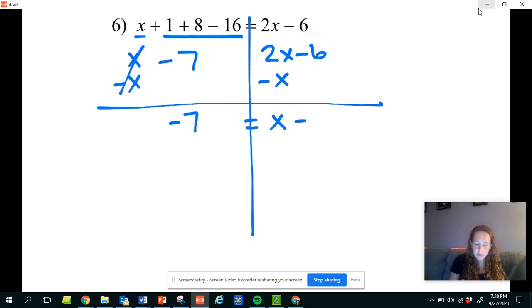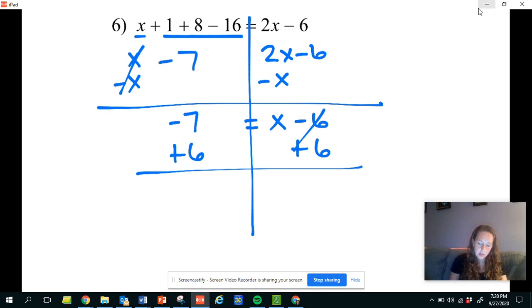And then I'll bring down my minus 6. So to get x by itself now, I have to add 6 to both sides. And negative 7 plus 6 gives me negative 1. On this side, the x is already by itself, so I don't have to divide anything. I'm done. So anyway, those are just some examples.